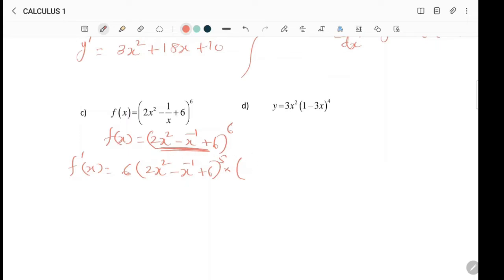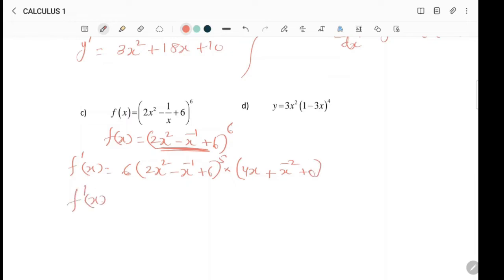So 2x squared differentiation is 4x, right? And this is minus, and this minus will multiply with the minus here, so that is plus, and x to the power minus 2. And the 6 differentiation is 0, right?